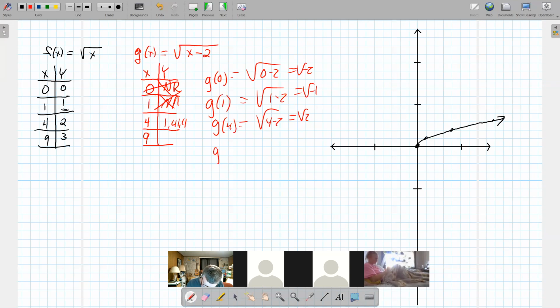And g of 9 would be the square root of 9 minus 2, which is the square root of 7. Oh, man, what's the square root of 7? Let's see here. The square root of 7 is 2.6457, blah, blah, blah. My point being, because of this change inside, using the same inputs doesn't give me nice results.